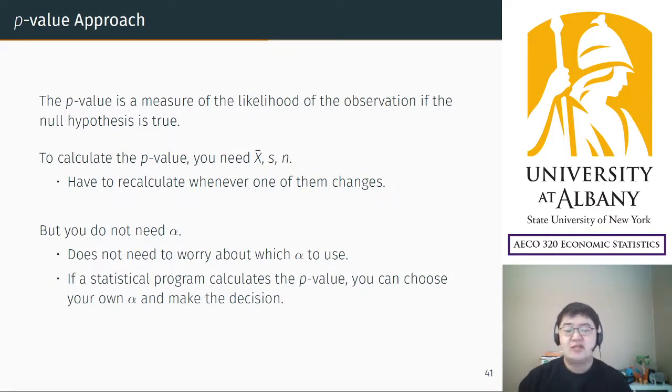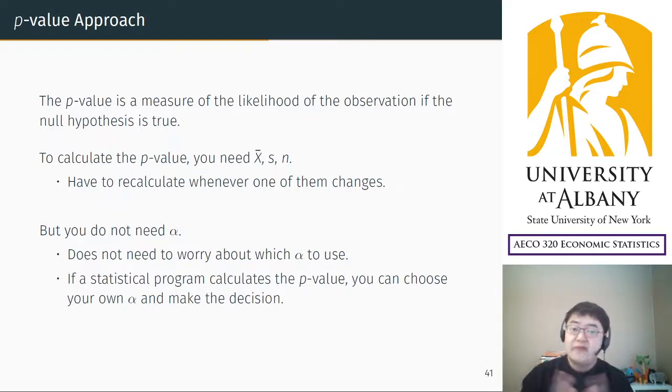So that's very nice. Typically this is the most widely used result in many statistical programs, because the computer does not make the decision subjectively, so it does not choose alpha. It's an arbitrary ad hoc decision. So they don't care about what you choose. They don't touch you in that dimension, but it only calculates the p-value from the data and the null hypothesis. So it's commonly used in many statistical programs.